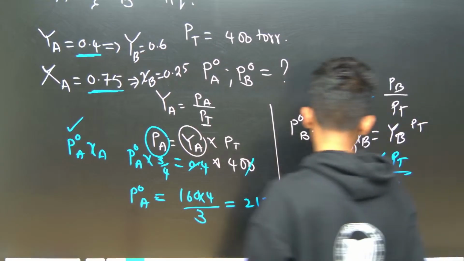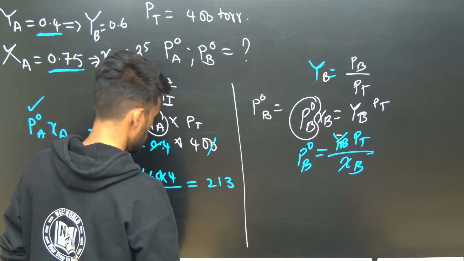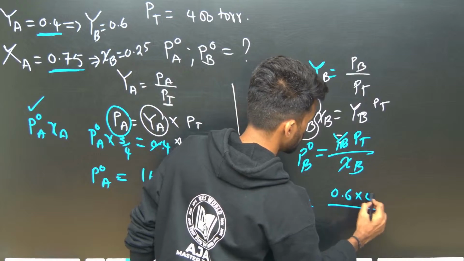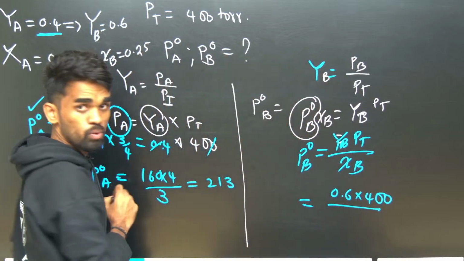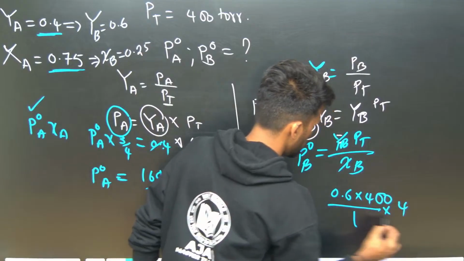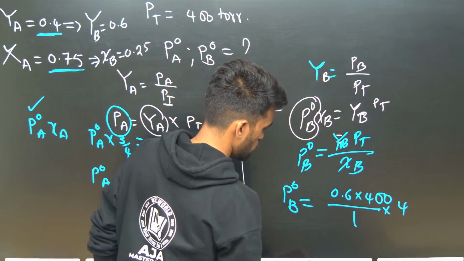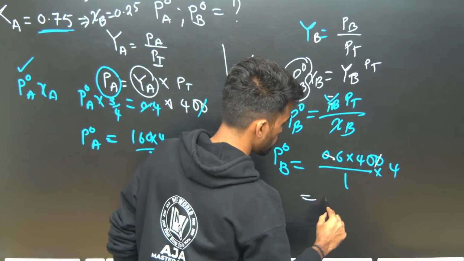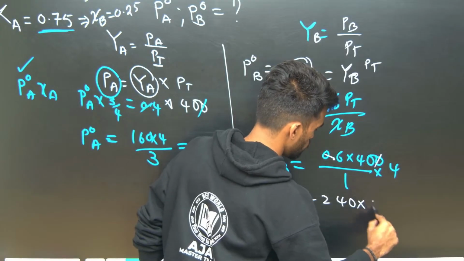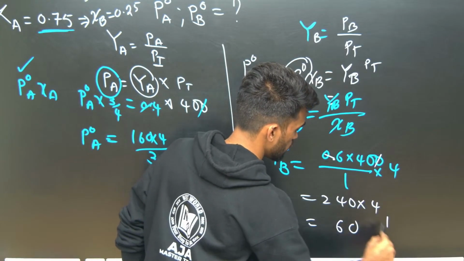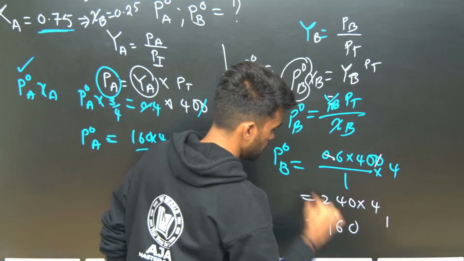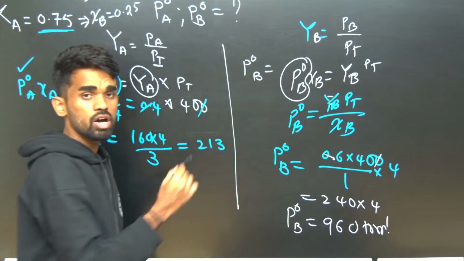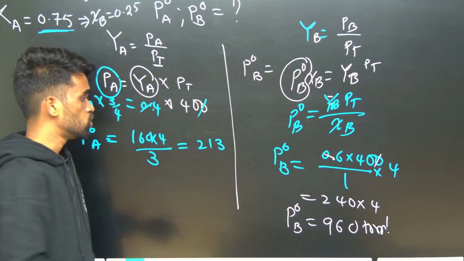The YB value we got is 0.6, into P total 400, and XB is 0.25, so I can write 1/4. So how much will we get? Remove a 0, so 240 into 4, that is 960 torr for P naught B, and this is around 213 torr for P naught A.